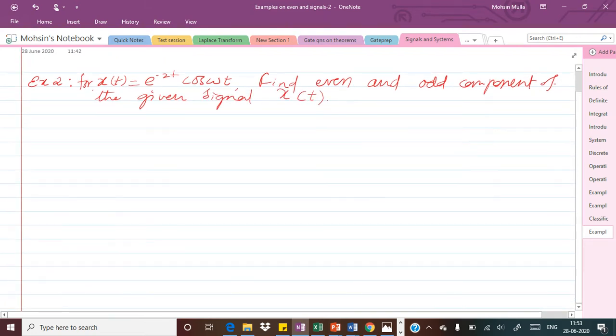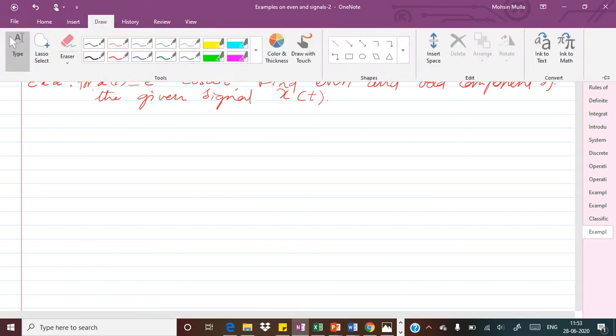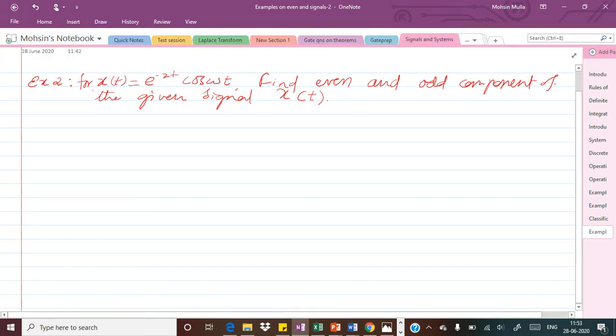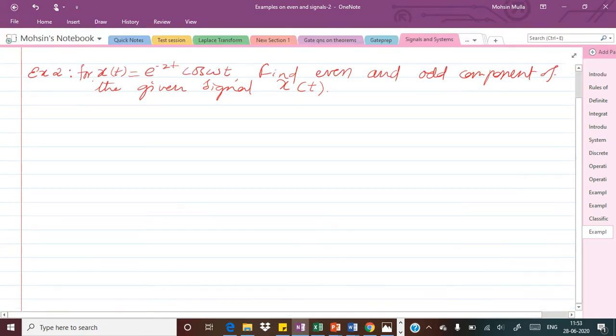To find the even component and odd component of this signal, we have already got the expression, so we are just going to substitute the corresponding terms in that expression, and simplification will give us the even component and odd component.